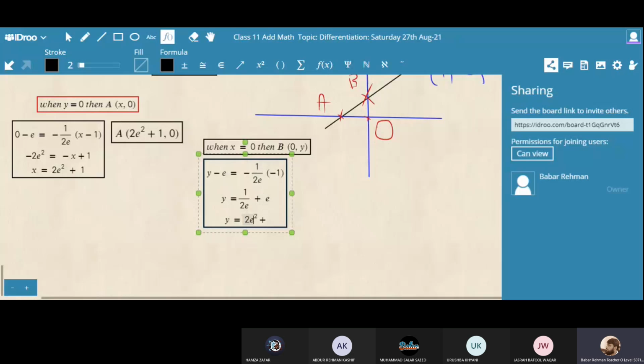Let me write it separately. 2e square plus 1 upon 2e.